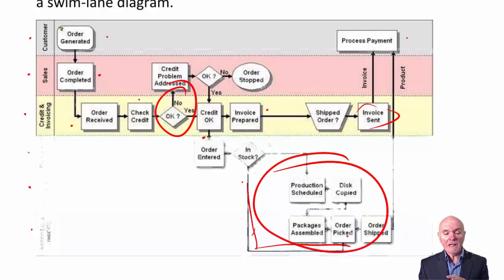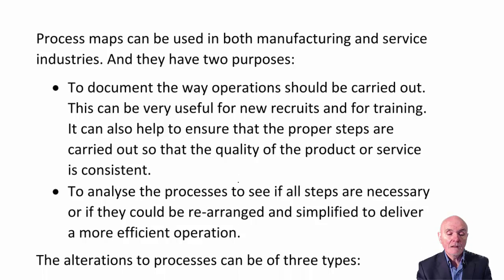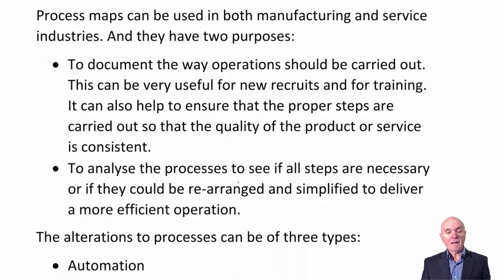Are there any ways in which maybe the whole process could be made more logical and more efficient? So process maps are used for both manufacturing and service industries to document the way operations should be or are carried out, and to analyze the processes, so documentation and analysis, to see if they could be improved.